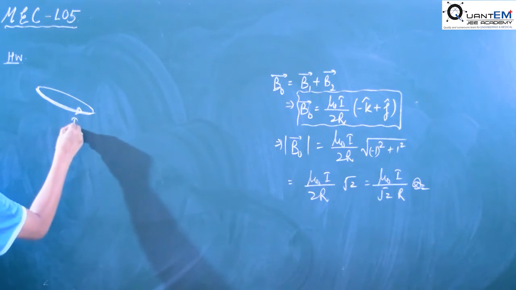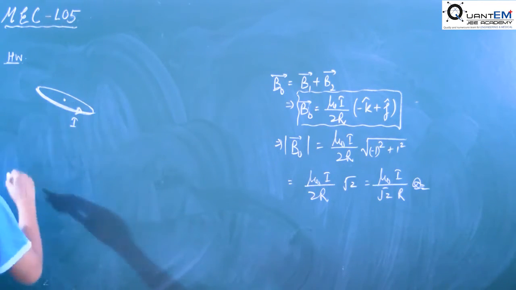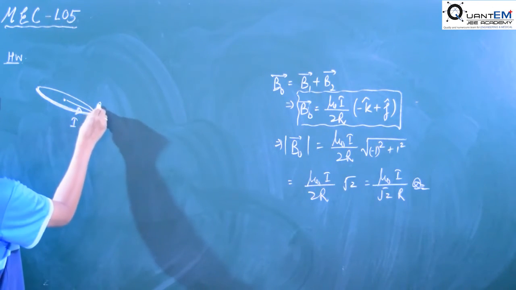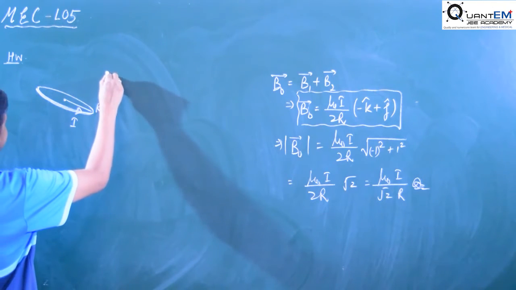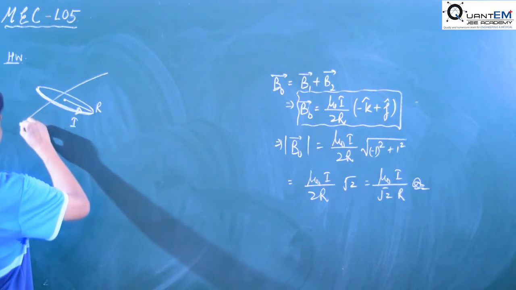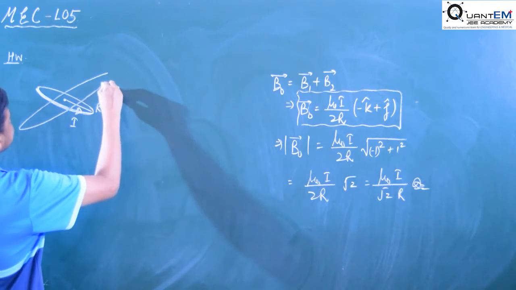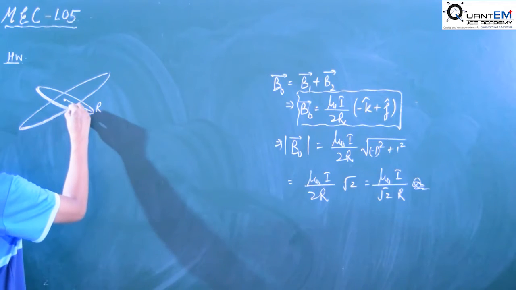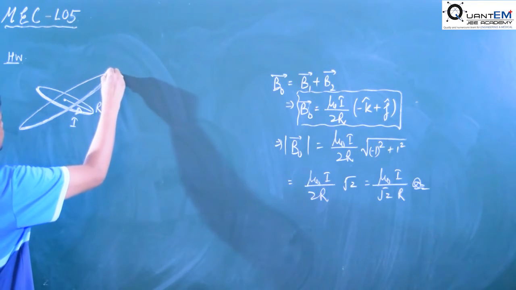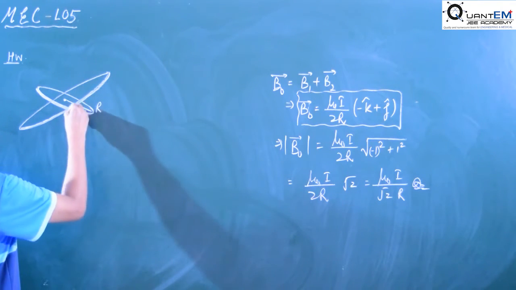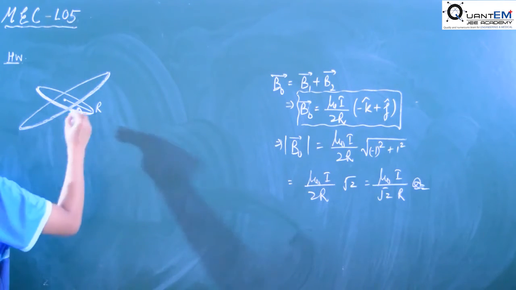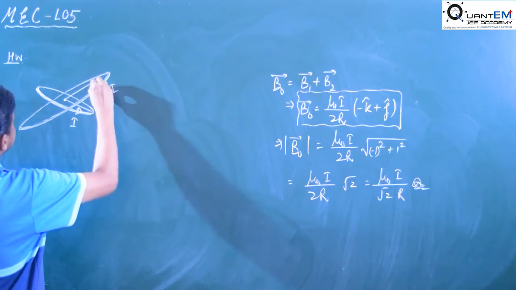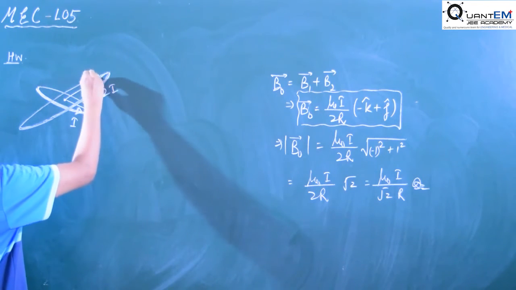Here current is I, and this radius we have given R. This current we have 2I, and the radius we have 3R.